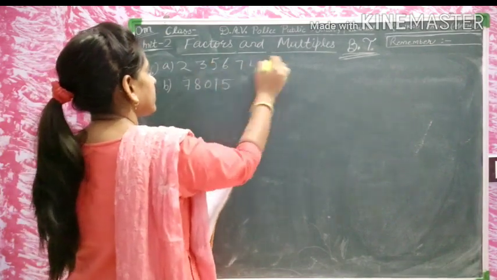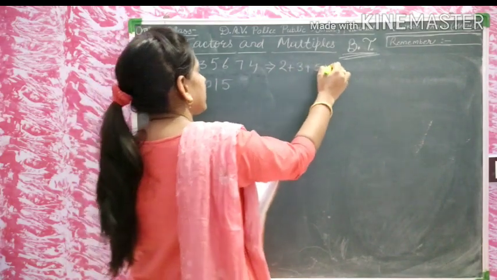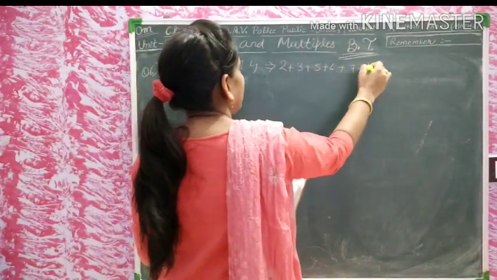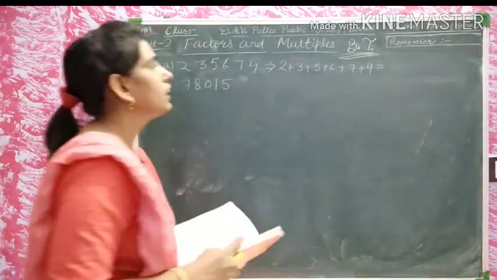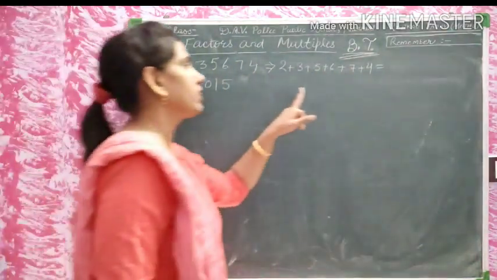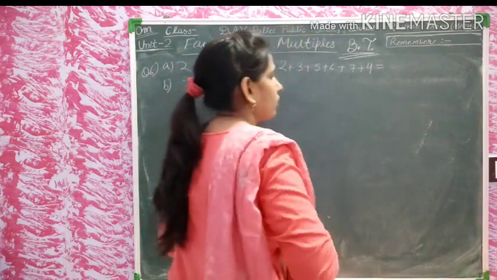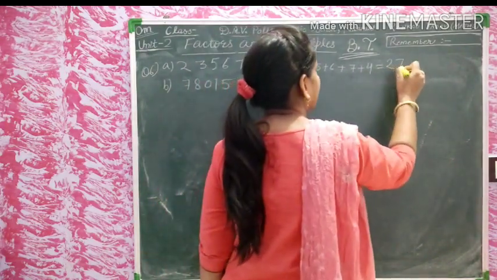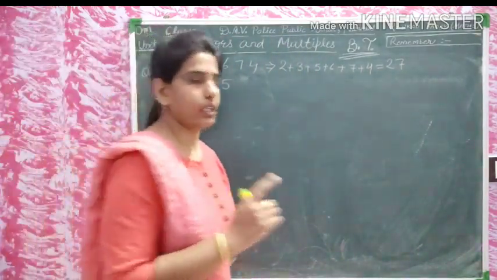Sum of all the digits: 2 plus 3 plus 5 plus 6 plus 7 plus 4. 2 plus 3 is 5, 5 plus 5 is 10, 10 plus 6 is 16, 16 plus 7 is 23, 23 plus 4 is 27. Is this clear?